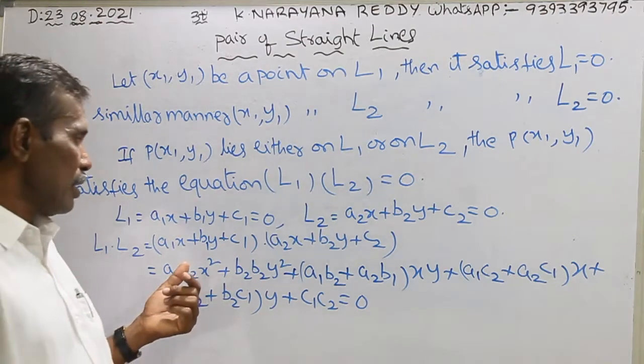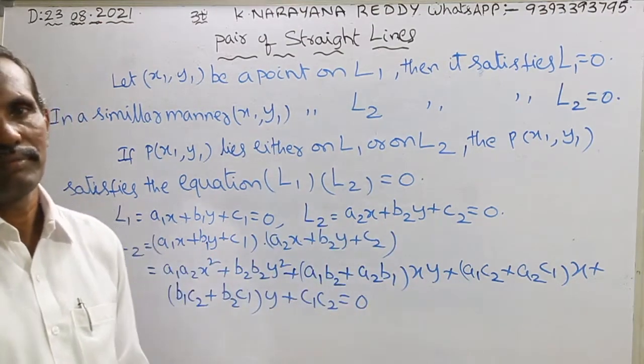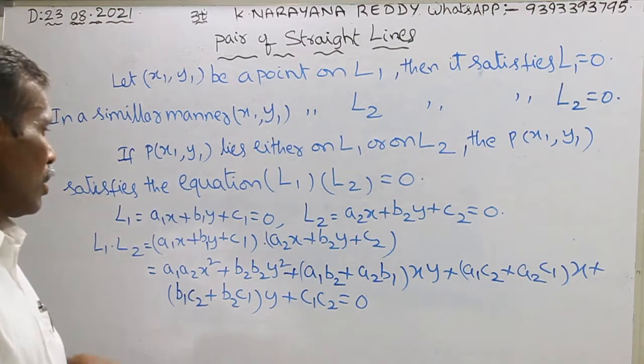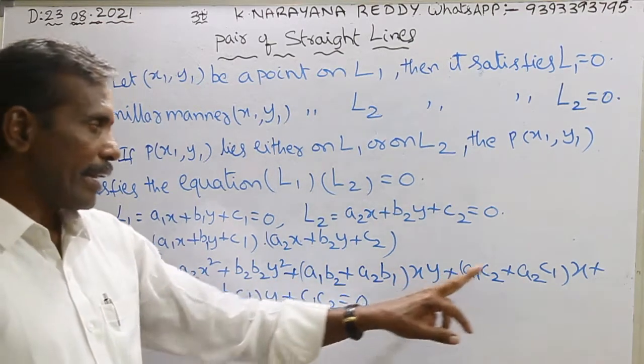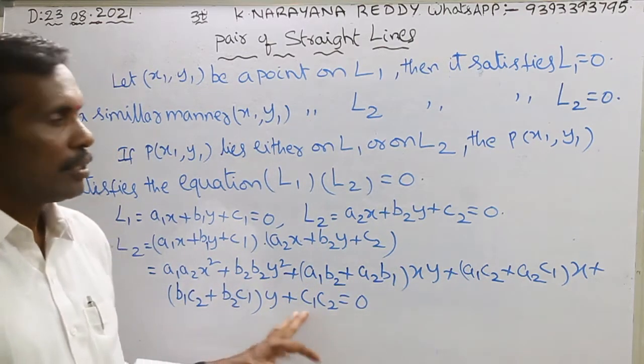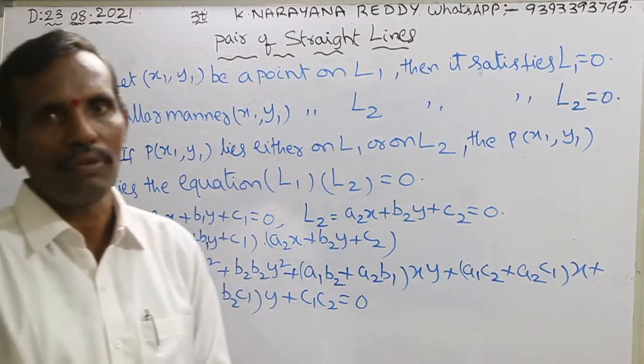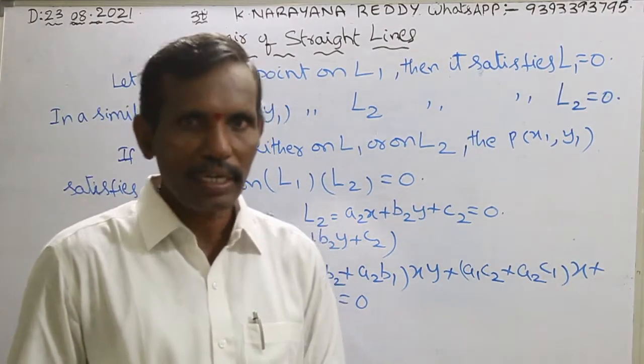So this is a second degree equation: x square, xy, y square, x, y, constant. This is called the equation of a pair of straight lines.